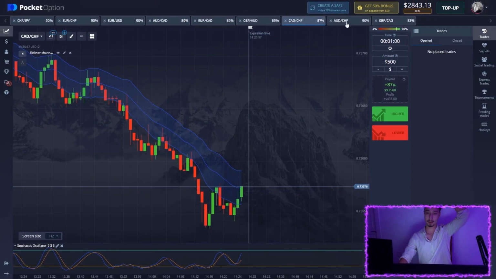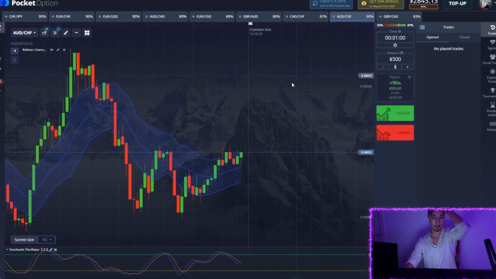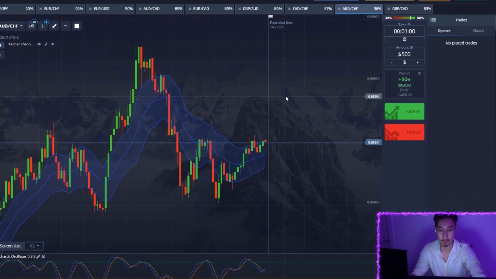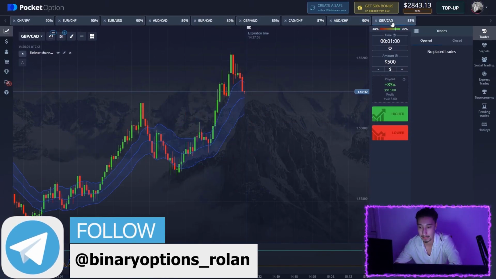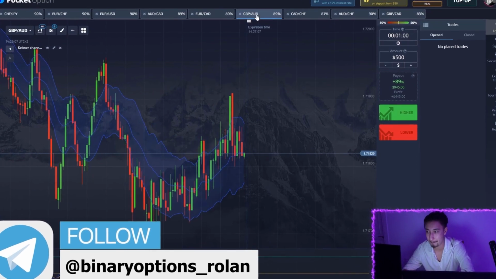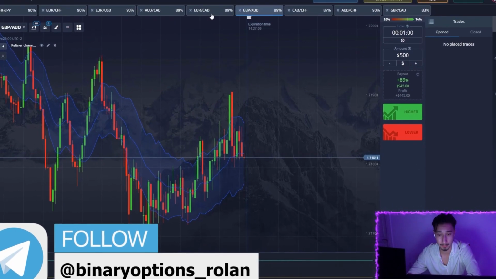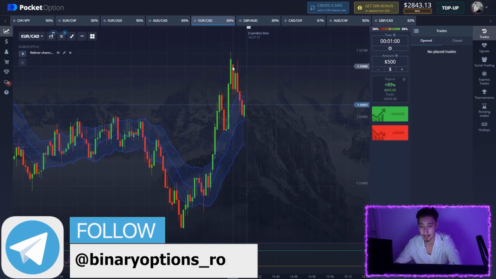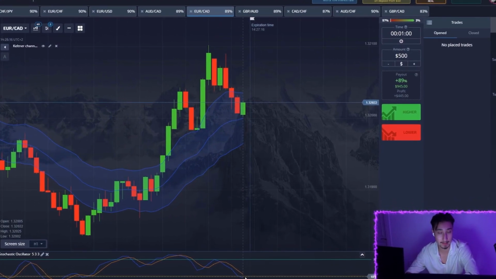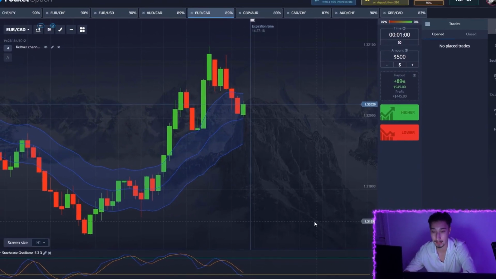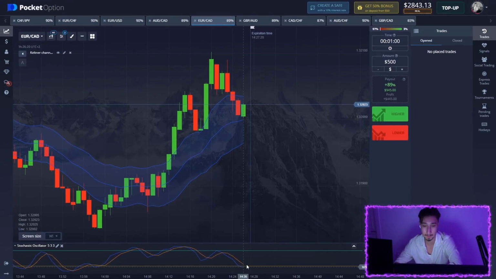So let's change the currency pair, as I don't see any trade entries so far. Well, for example, there we go. The stochastic crossed the level 20 and currently it's at level 16. The reversal is happening.